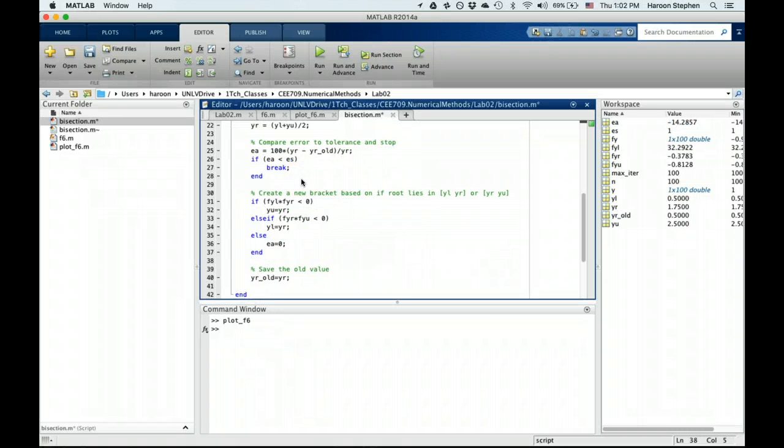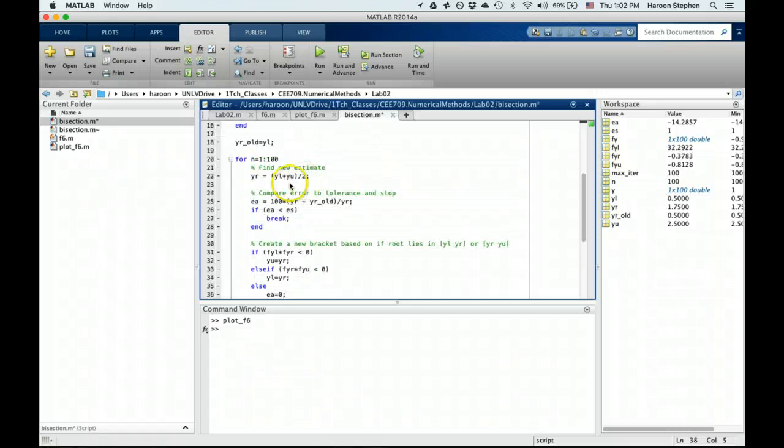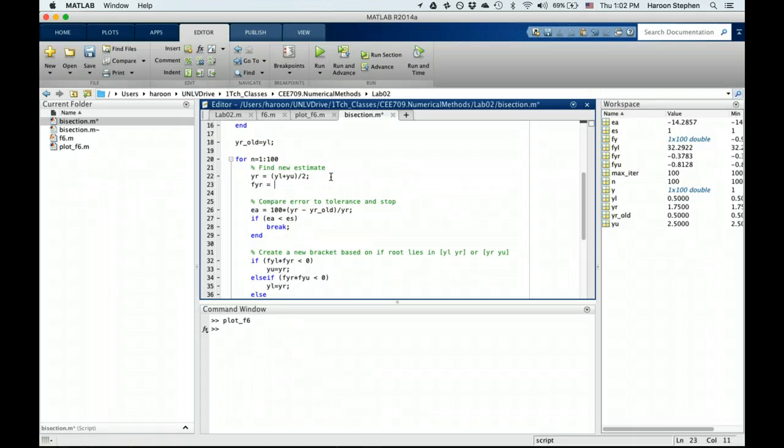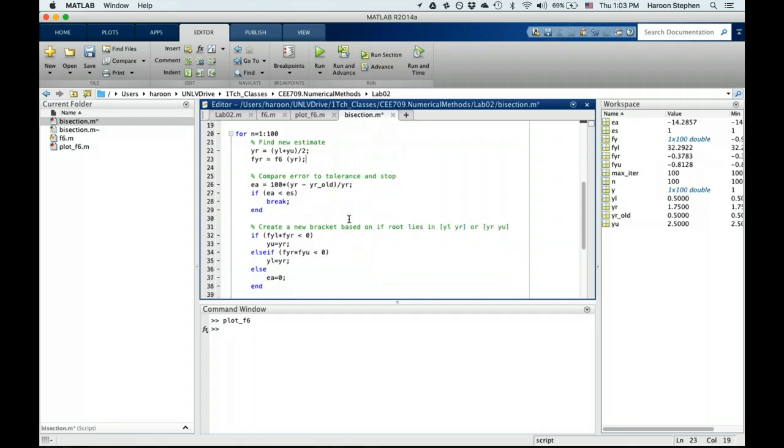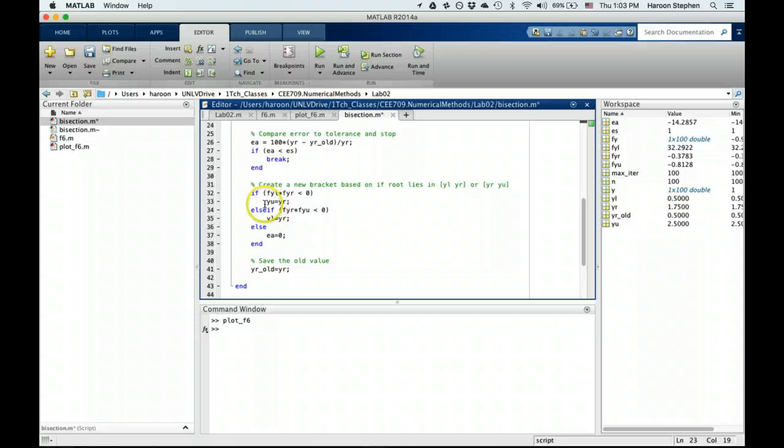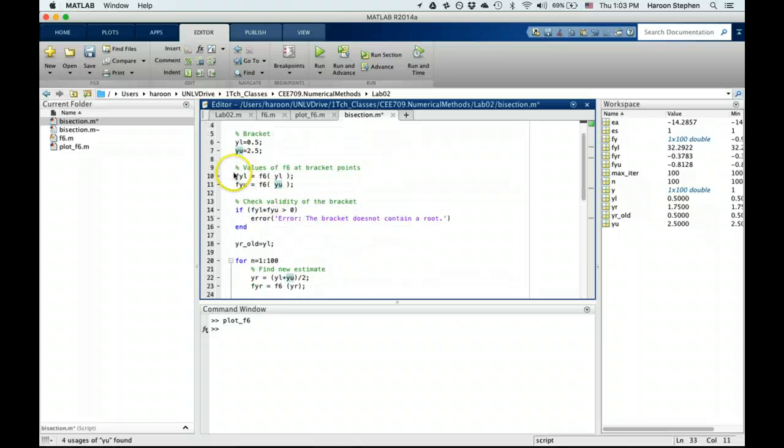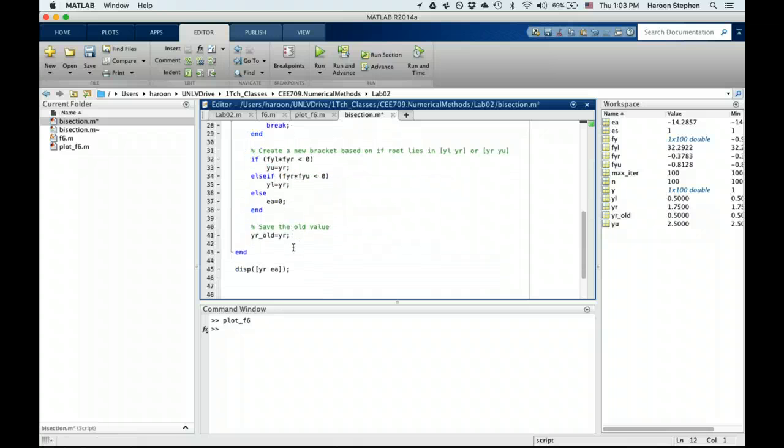A couple of things that we also want to do to make sure that this program runs is, first of all, we need to calculate the value of the function at the new estimate, and that would be fYR is equal to f(YR). And then if we go down and see how we have updated the value of YU or YL depending upon which case it was, we should recalculate fYL and fYU just to make sure that those values are also updated.